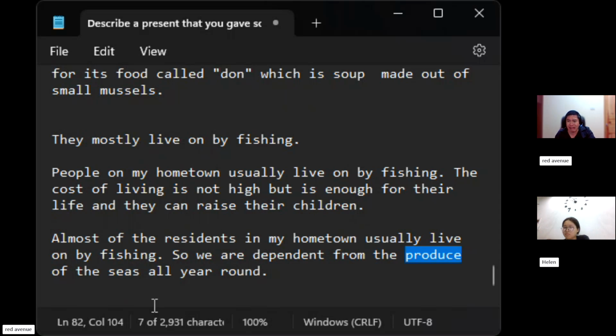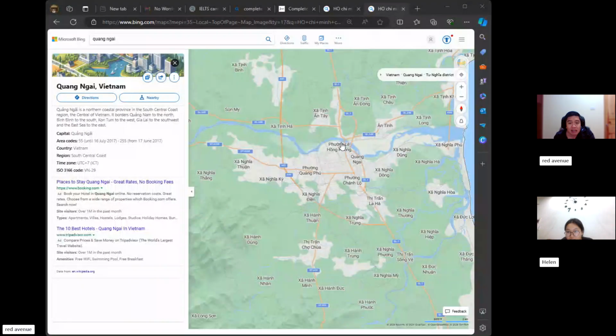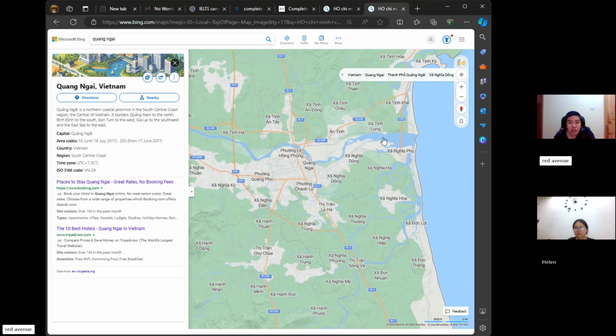Are you nearby the ocean? Yes. Near the beach. Wait, I'm looking for the beach. I'm not so sure. Here or here? Okay. From here to there.